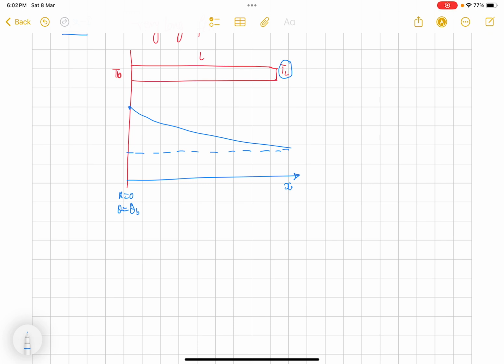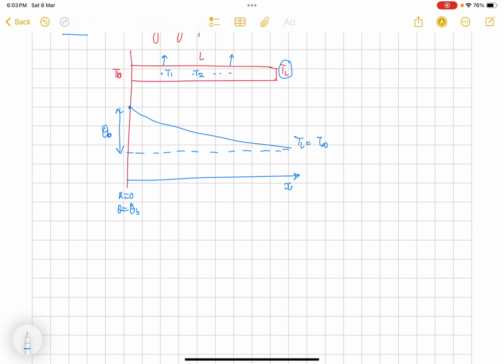Because it will assume the same temperature. So the whole heat transfer will be occurring from the lateral side of the fin. And every point will have some temperature T, like T2, like that.